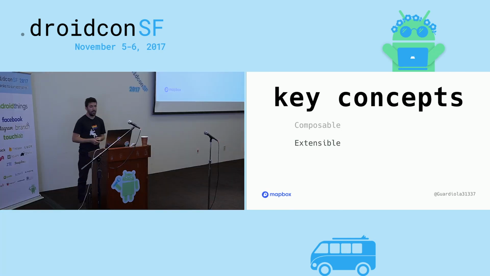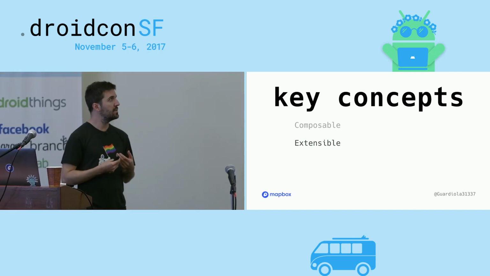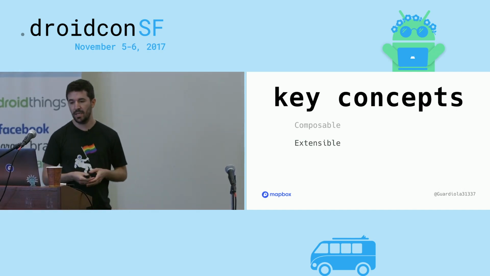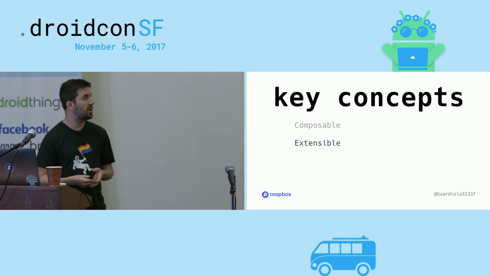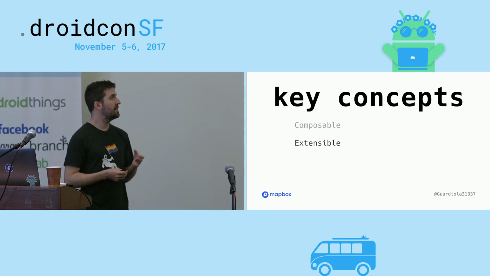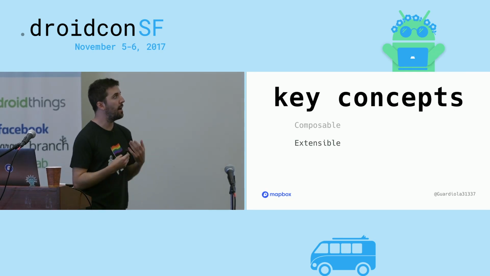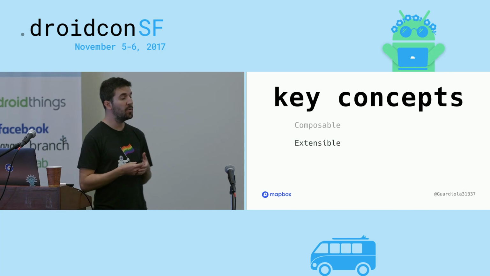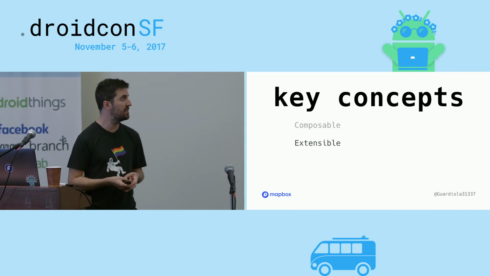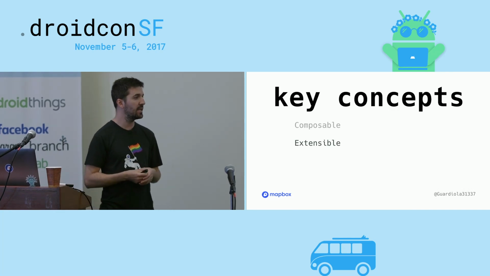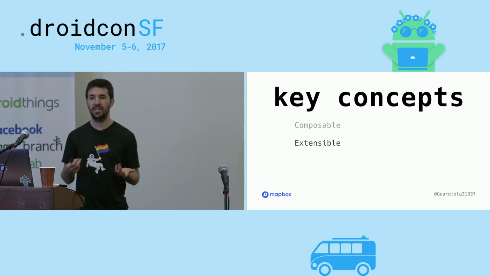Another thing that is key for this presentation is that a well-designed DSL needs to be extensible. So it allows us to add new operations and change the semantics of the existing ones in an easy way.